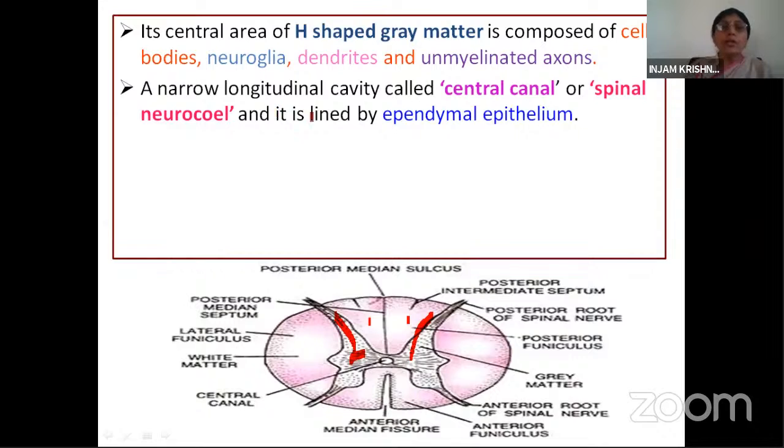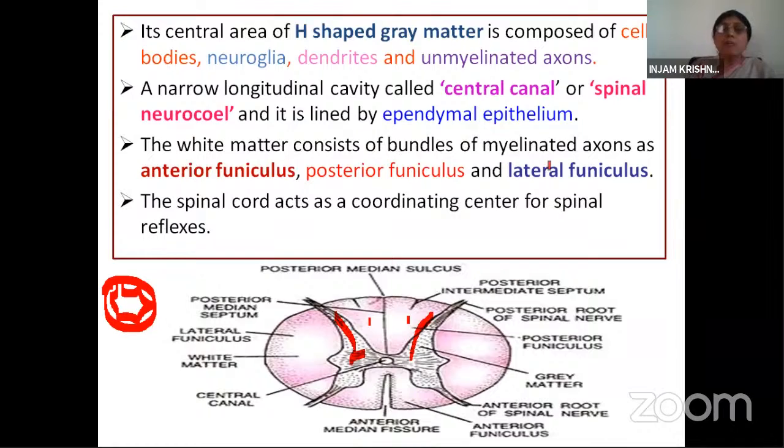A narrow longitudinal cavity is called the central canal, or neurocele, and it is lined by ependymal epithelium. Ependymal cells are one kind of neuroglia. It is the canal.